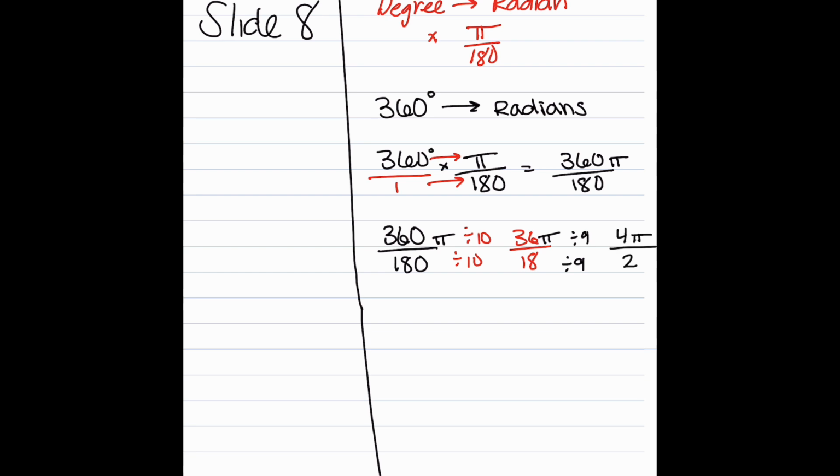And again, you may have not divided by these exact numbers. Maybe you did 2, 4, or 5. That's totally fine. As long as you're getting whole numbers and not decimals, that's fine. We'll eventually end up at the same response, or we should.